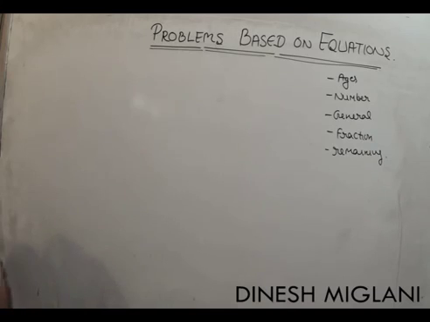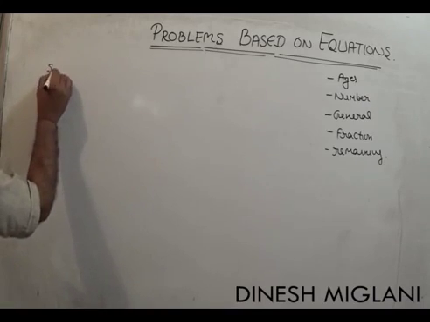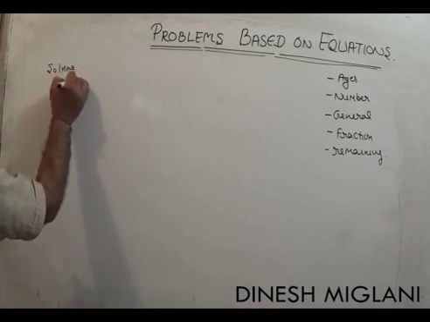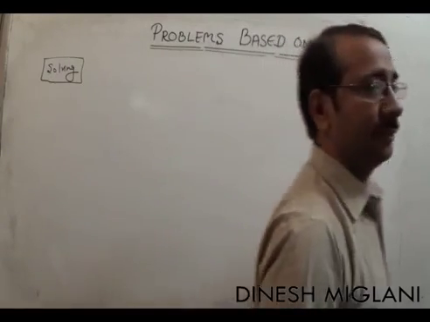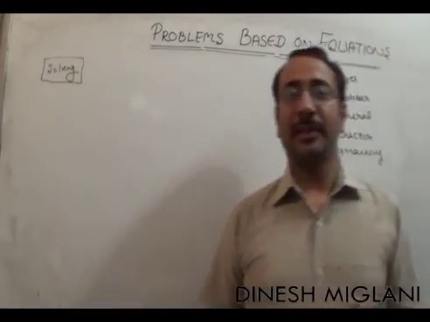Now, this topic, problems based on equations, includes two parts. The first one is solving of an equation. We all know that in algebra we have a single variable equation.